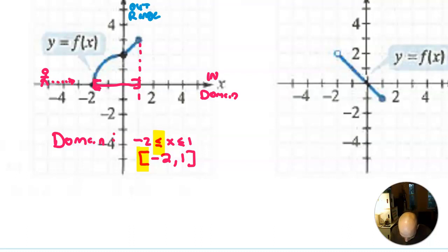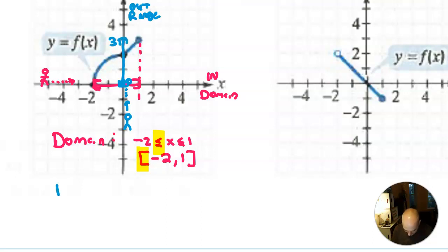So the range, we do the same thing, except we imagine we're starting on the y-axis, and we're walking up, and we shade on the graph everywhere that there is a graph to, in this case, the left or right of us. So starting at -1, there's a graph all the way up until we get to 3.